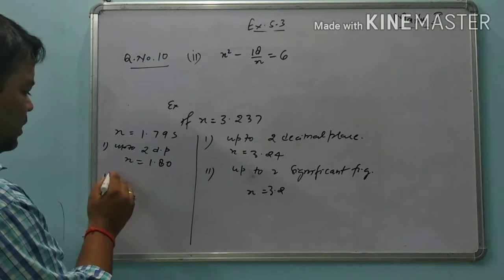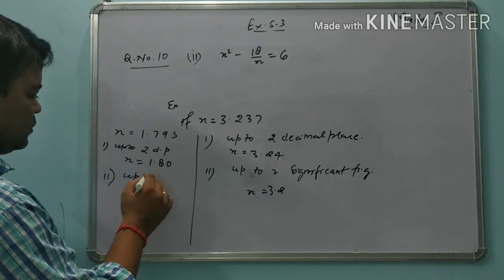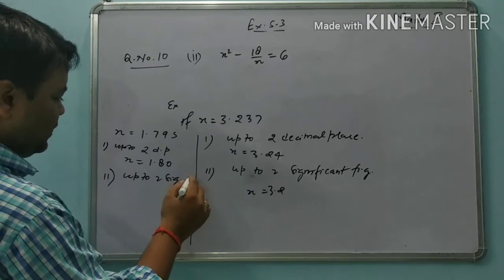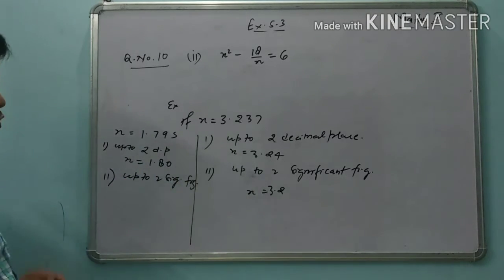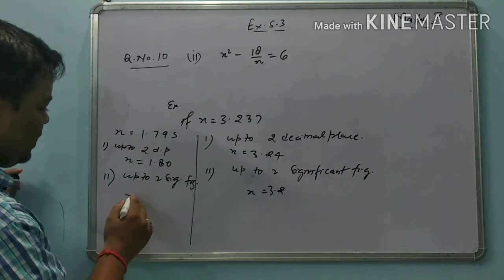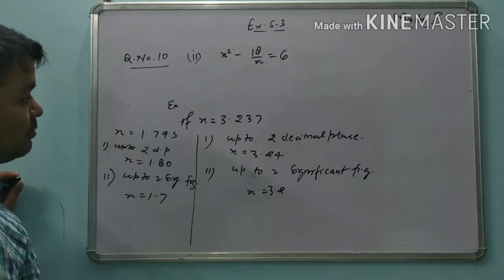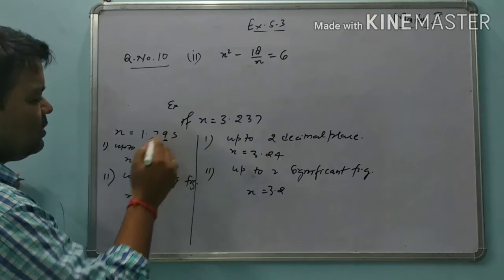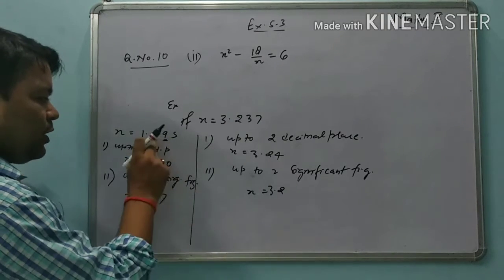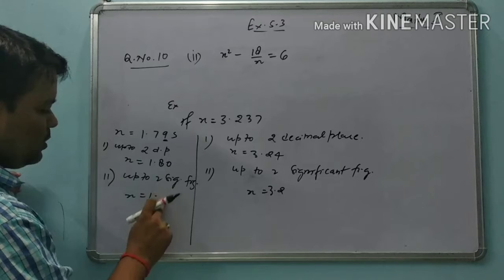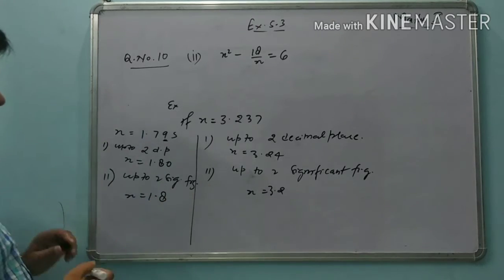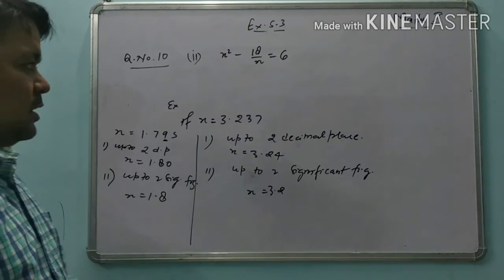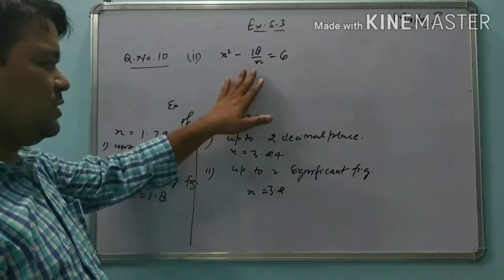Second, up to two significant figures: it should be x is equal to 1.7, but here 9 is more than 5, therefore it will be increased by 1, and its value will be 1.8. According to the question, we have to give our answer.